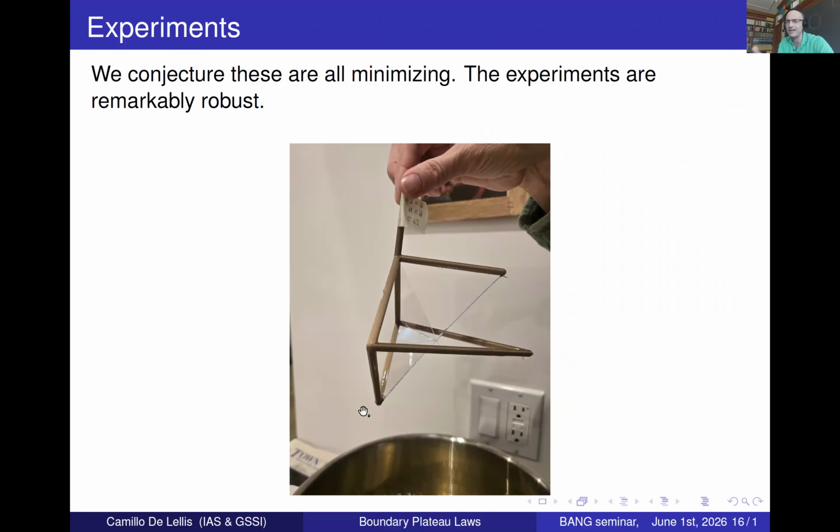You might have noticed that in my experiments, the external frame is plastic, 3D printed, but for the boundary, I've preferred to take a string and attach it to the edges. The reason is that I cannot 3D print something which is too thin, because then the object would become too brittle.